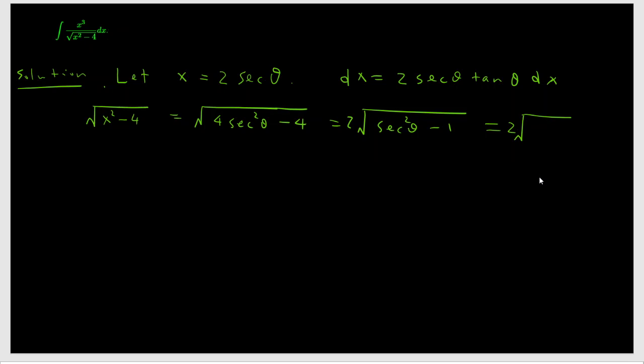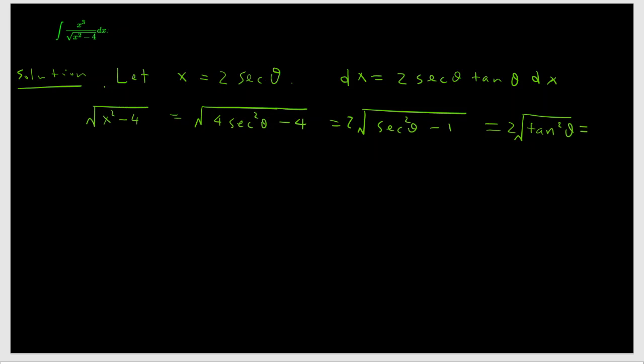Now look at the table again, the trig identity. Secant of theta squared minus 1 is tan of theta squared.